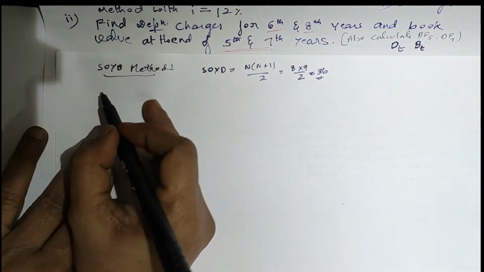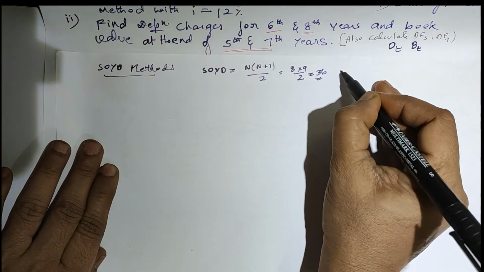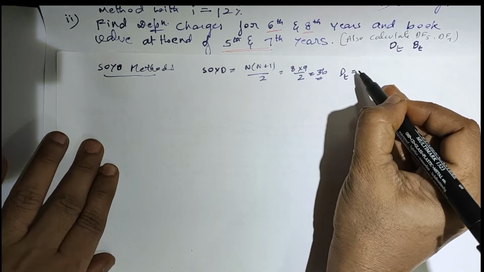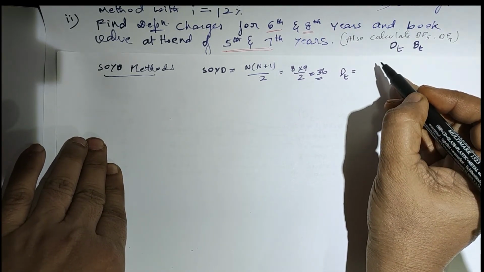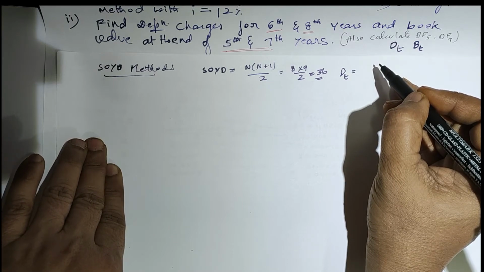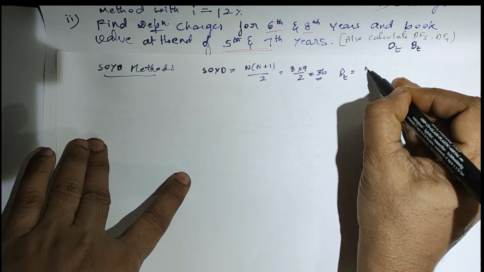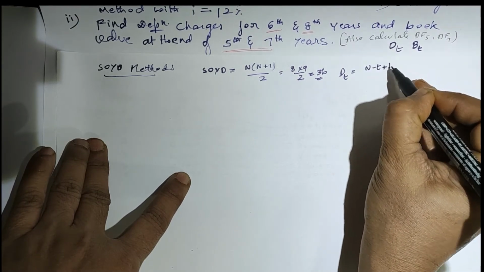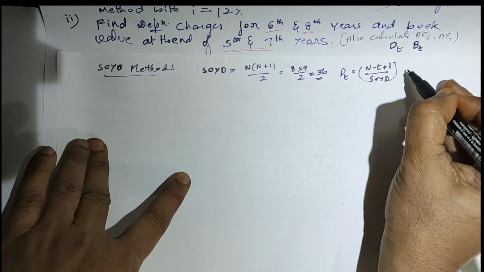Now before that, we'll write the formula for Dt and Bt also. Dt is given by n minus t plus 1 divided by SOYD, which we just found out, into p minus s.